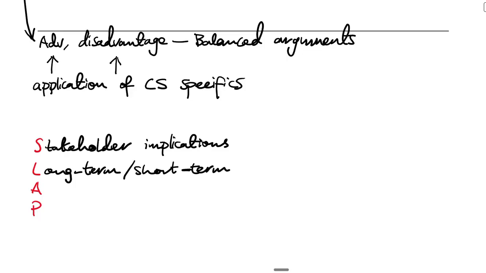So short term, maybe you increase long term motivation, but you increase your short term costs. And so the business has to balance that. And if they've secured enough finance in the short term, I think it would definitely be a great plan to go forward with.